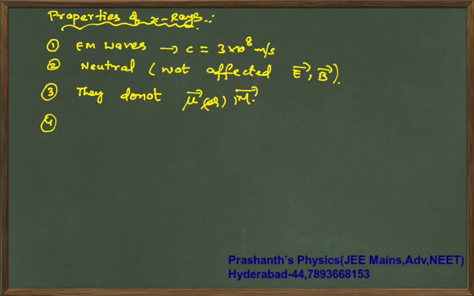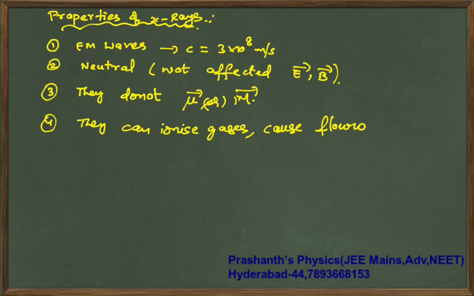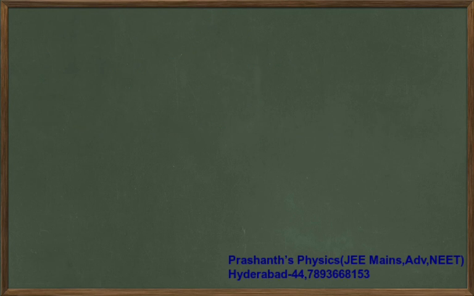Next, they can ionize gases and cause fluorescence. Fluorescence means the ability to emit light even after the radiation is removed. They have a destructive effect on living tissues, but mostly X-ray radiation is good, because we can identify fractures and all. These properties are enough, followed by your summary.